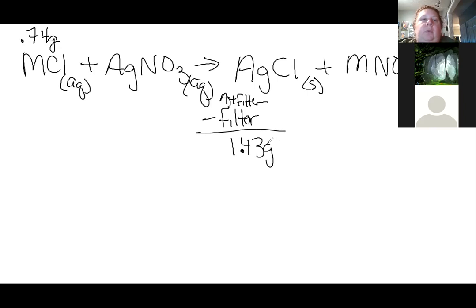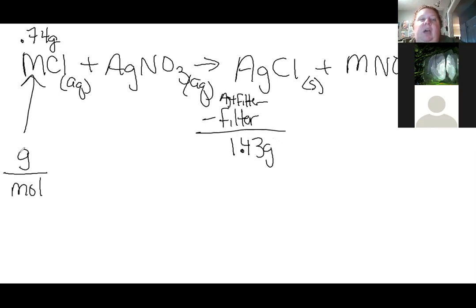Yes. Okay. So now, the only real way to identify what this is is to find out its molar mass. And we can't just add up its molar mass because we don't know what M is. But molar mass is always grams divided by moles.